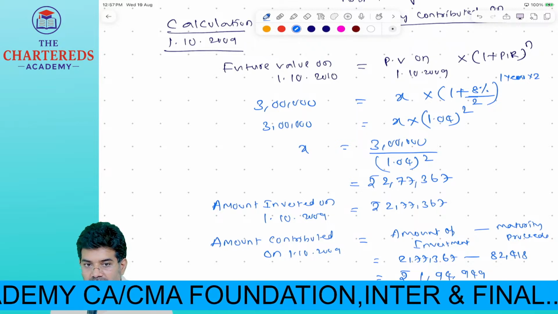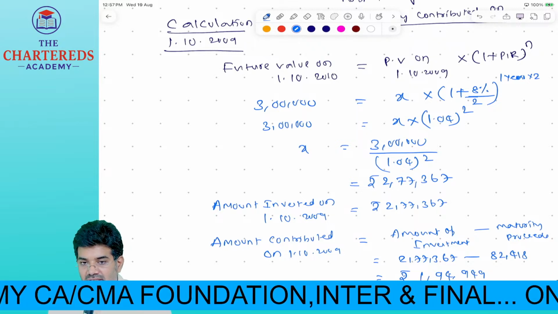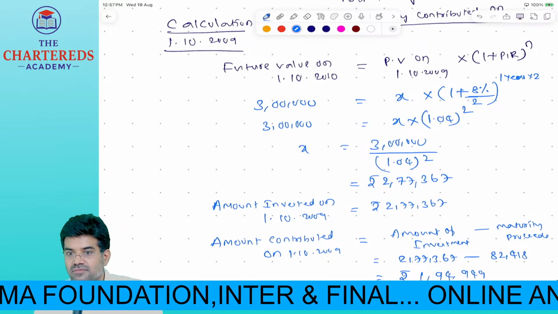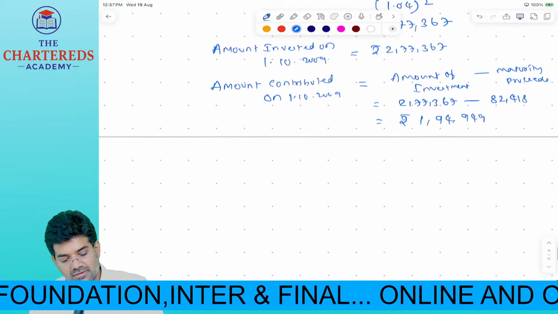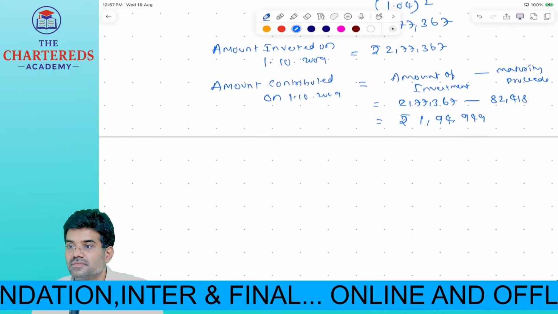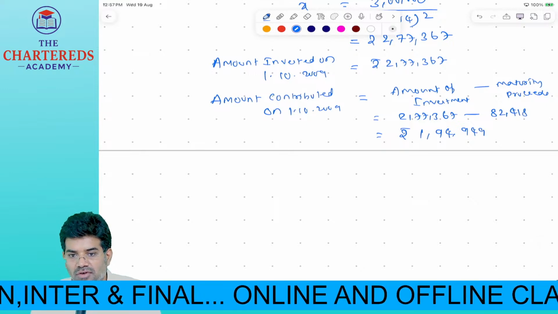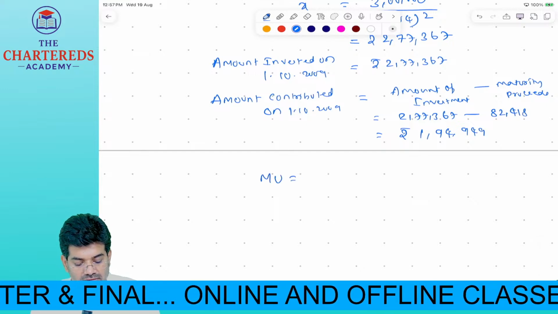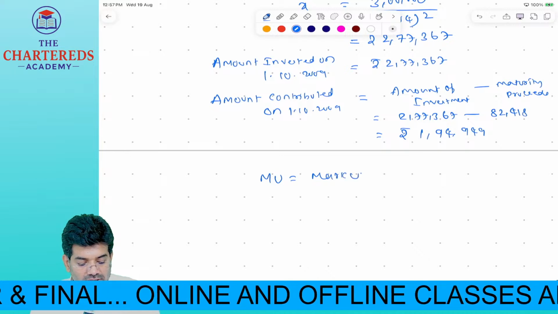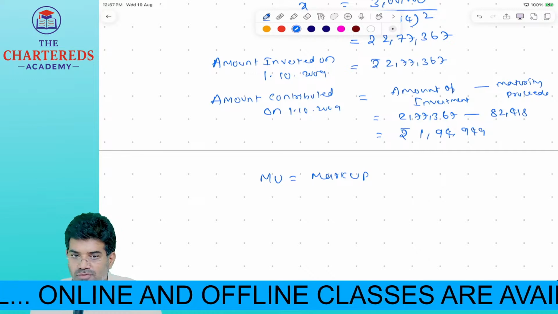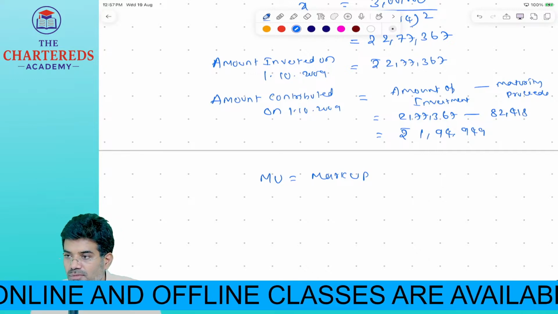Is the MU function there, the button? Do you know the purpose of that button? All these days you did not use that function. This is called markup. I will give you notes for this so that you can use it for future purposes.